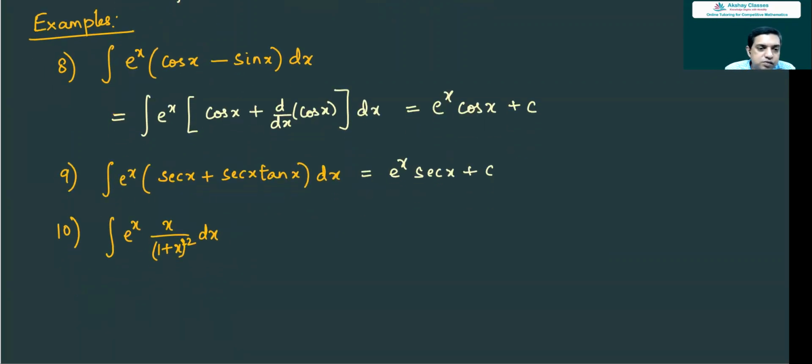E power x into 1 plus x plus c. E power x into? 1 plus x plus c. No, rethink your answer. You might have got it right, but what you are saying is wrong.